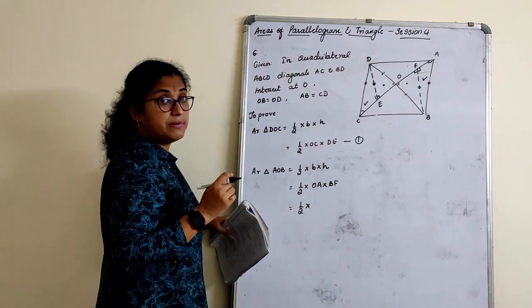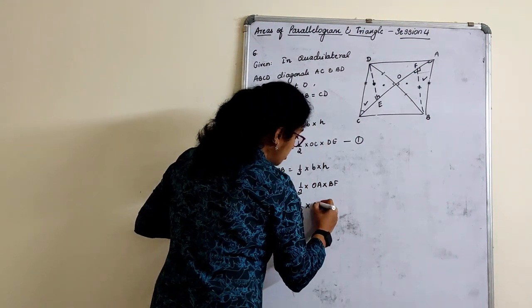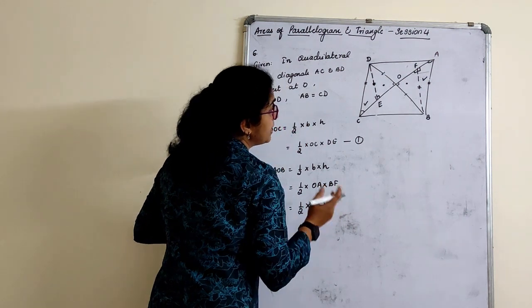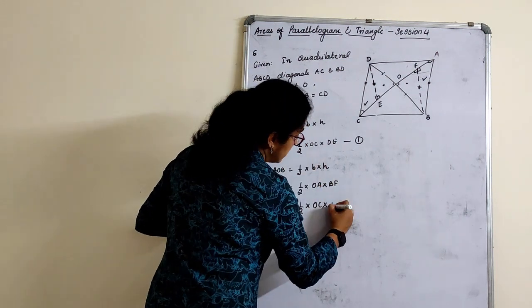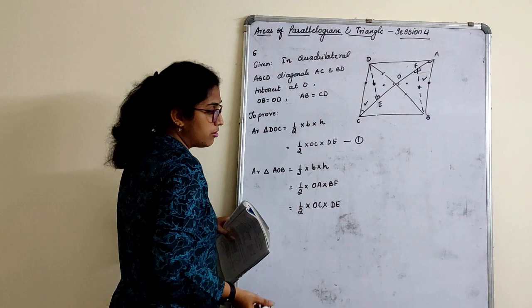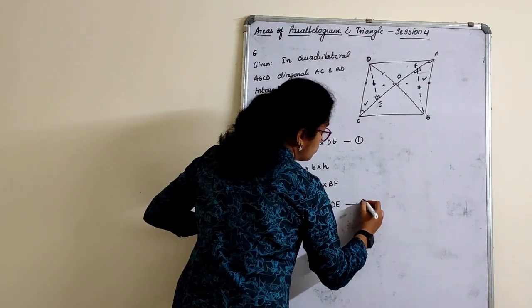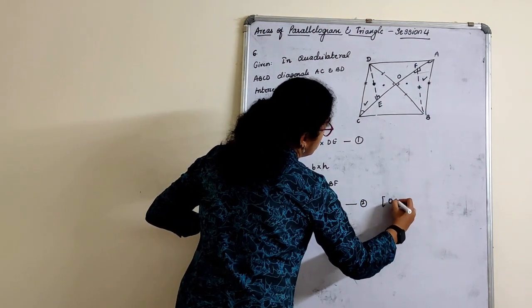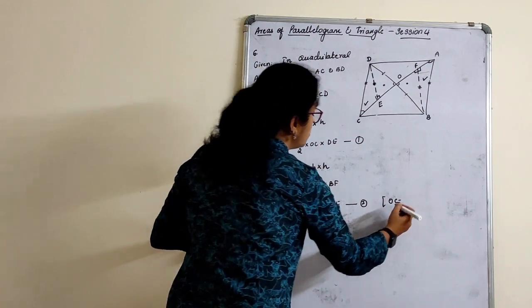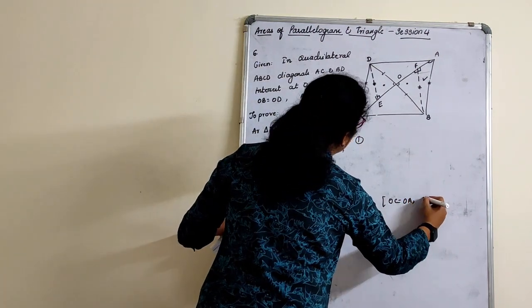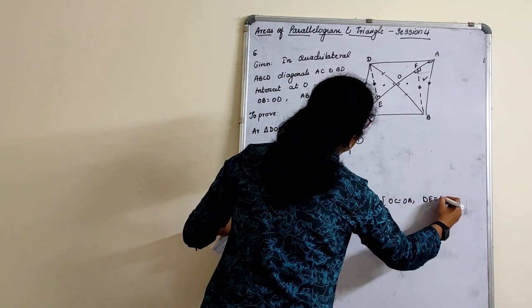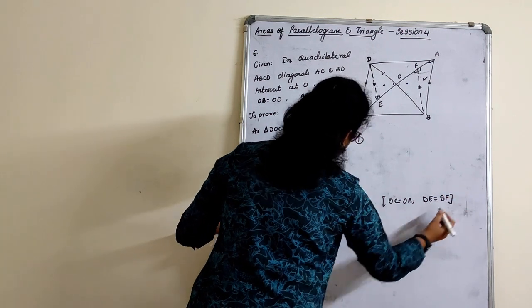In a parallelogram, diagonals bisect each other. I will use OC only. Instead of BF, BF is equal to DE. I use DE only here also. Equation 2, reason OC is equal to OA and DE is equal to BF.